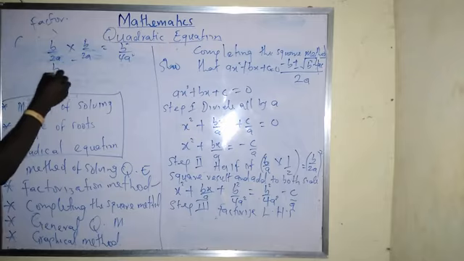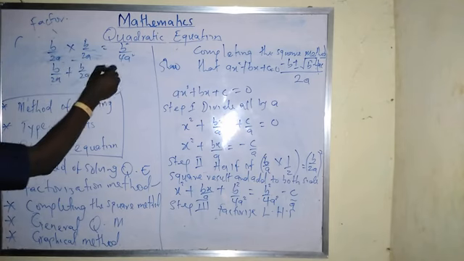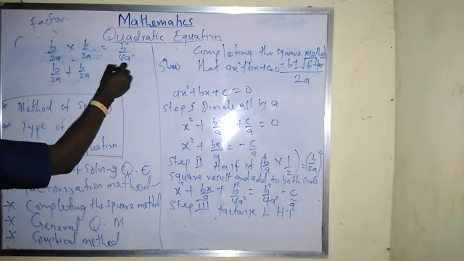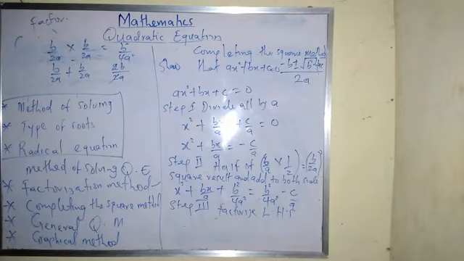Now, the same number, can I add it to have this? Okay, let's try. b all over 2a plus b all over 2a, which is going to be 2b all over 2a, which is b all over a. It means I'm good to go.